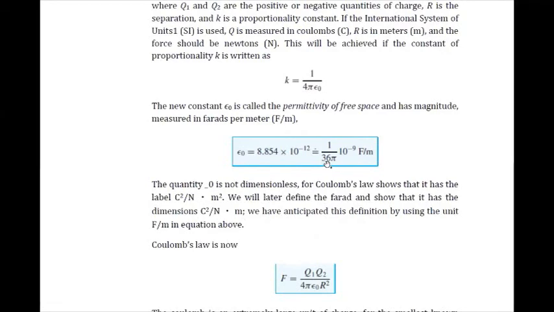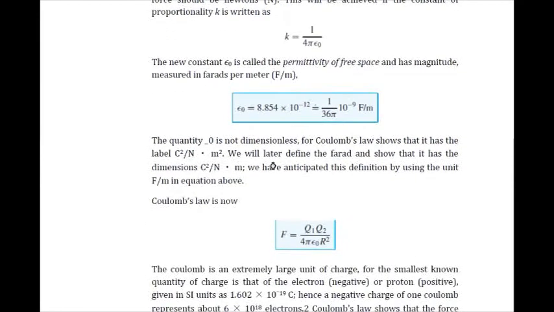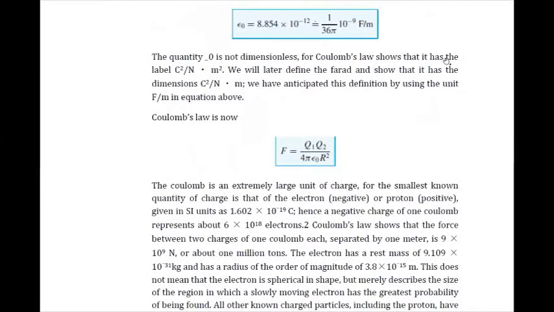Dito yung kinuha, 1 over 36 pi times 10 raised to negative 9 farad per meter. Okay, that is the new constant epsilon sub O. It's called permittivity of free space and has a magnitude measured in farads per meter. Okay. Next, the quantity epsilon sub O is not dimensionless.